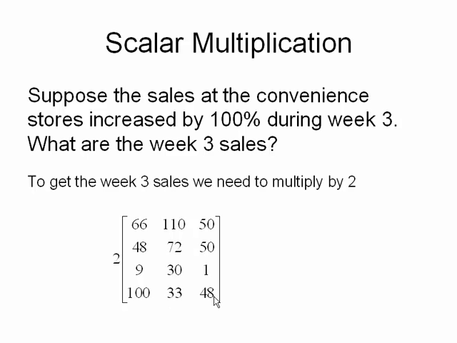To get the week 3 sales, we need to multiply that matrix by the scalar 2. So I have to take 2 times each one of those entries in that 4 by 3 matrix.